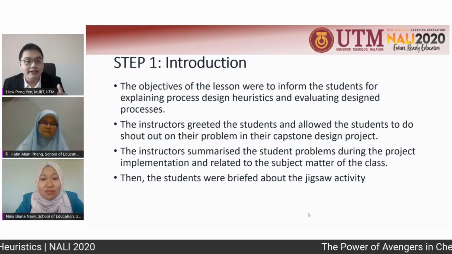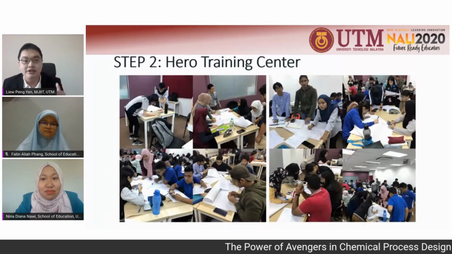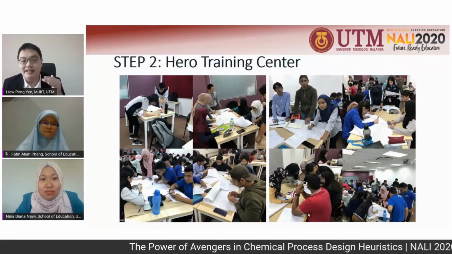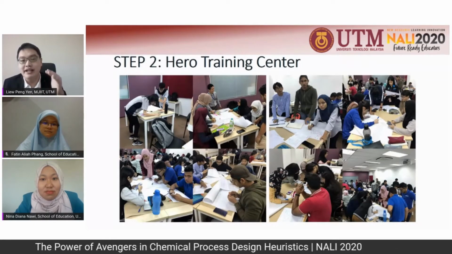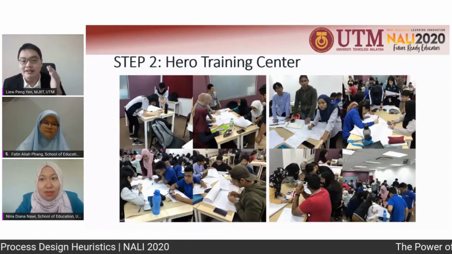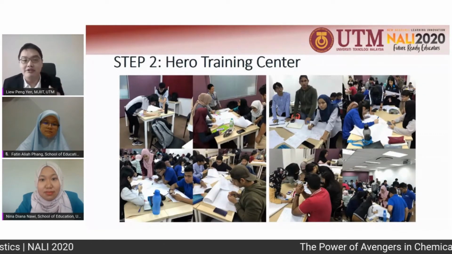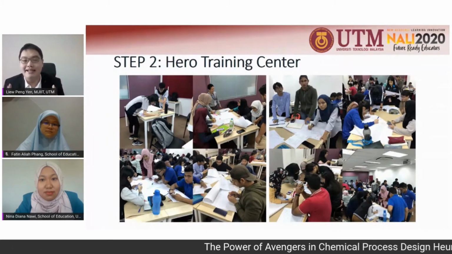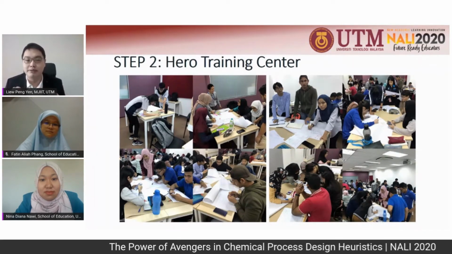After that, they are divided into their Hero Training Center. In the Hero Training Center, they are experts from different design teams. First, they are required to do the reading on their own and prepare some simple notes.